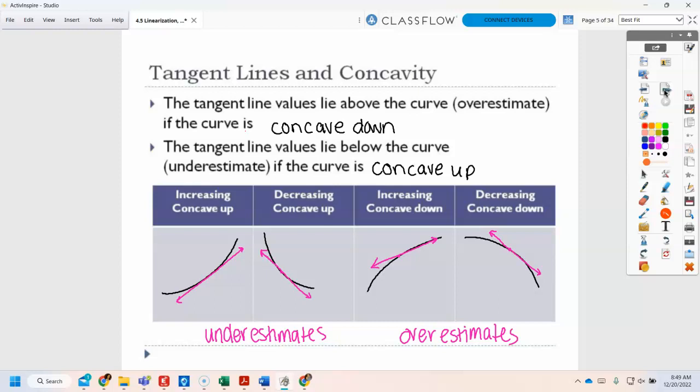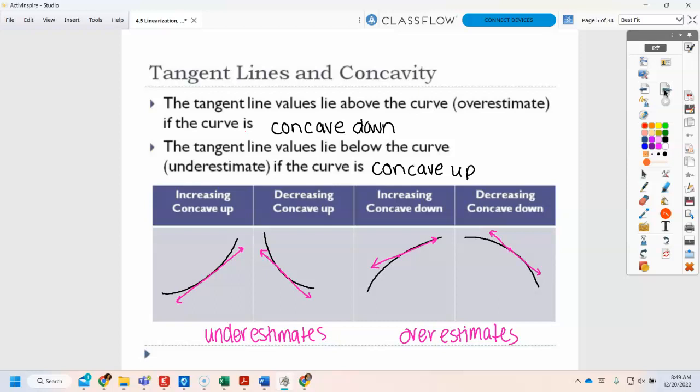If a function is increasing and concave up, then my prediction is an underestimate. If it is decreasing and concave up, it is still an underestimate. So concave up is going to be an underestimate. So up is under.